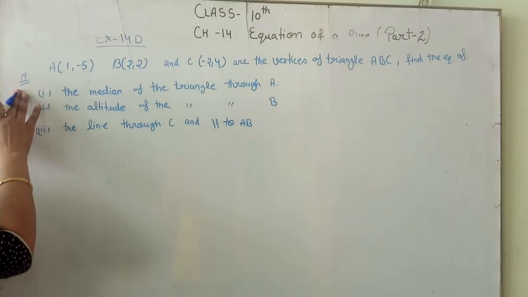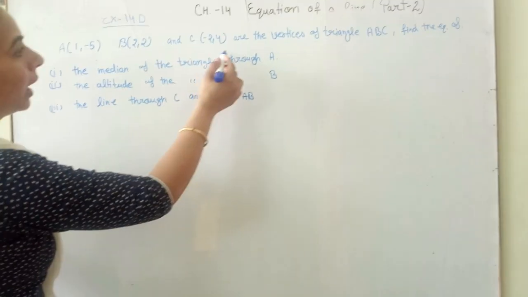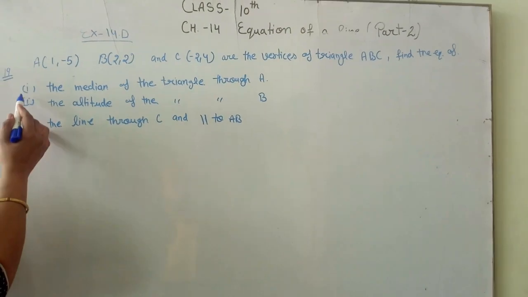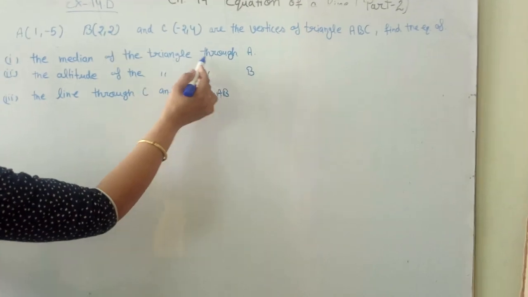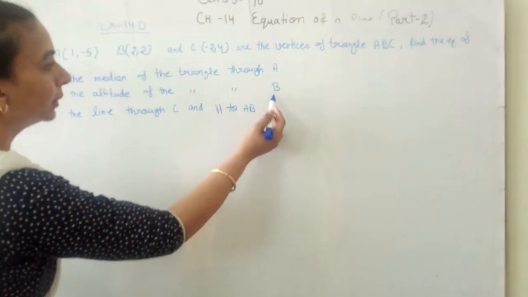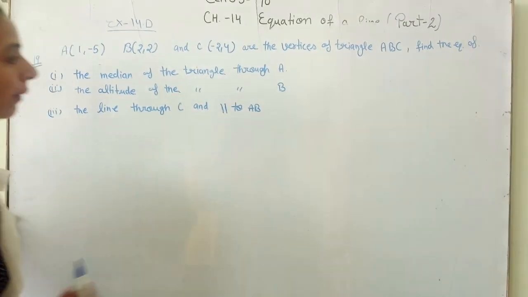Next question, question number 19 from exercise 14D. A, B and C are the vertices of triangle ABC. Find the equation of, first part, the median of the triangle through A; second part, the altitude of the triangle through B; and third part, the line through C and parallel to AB.